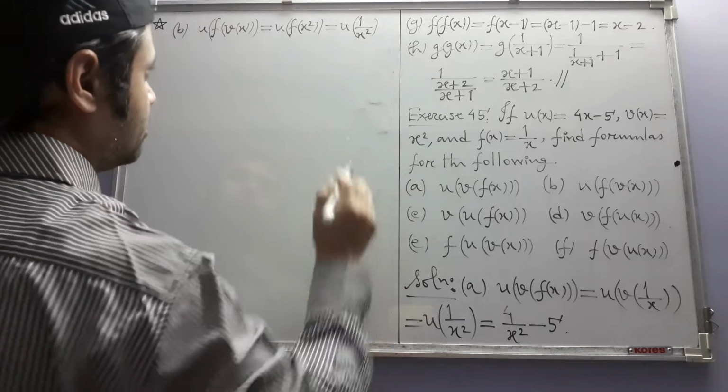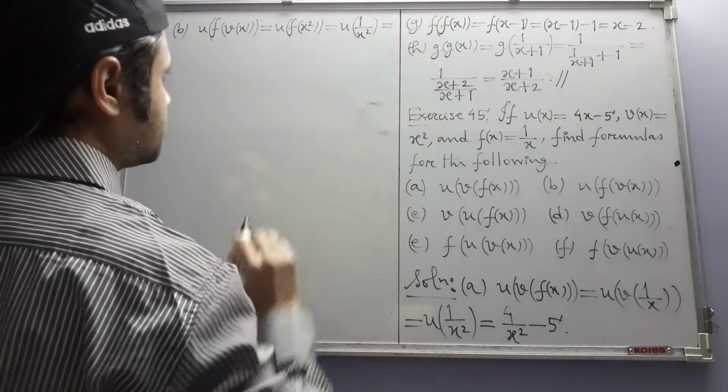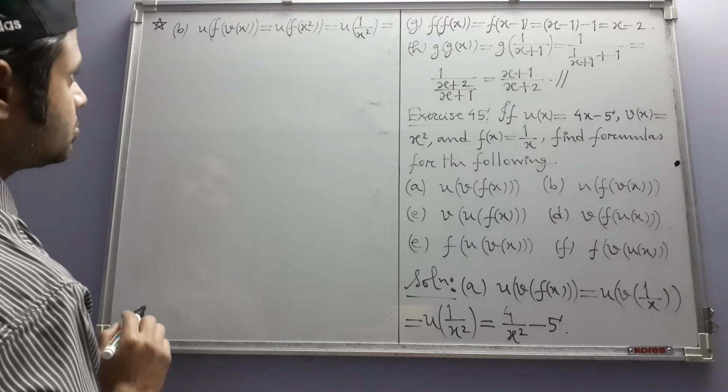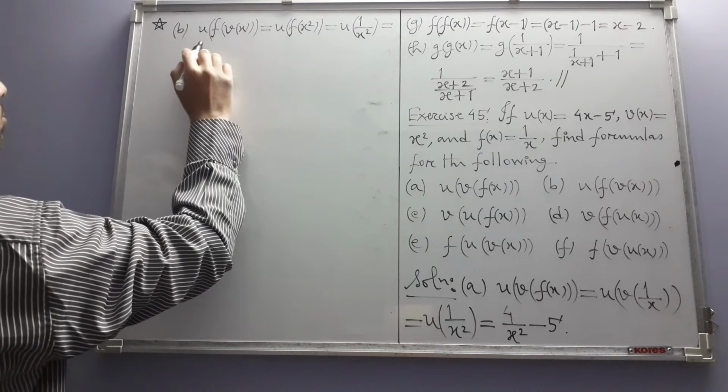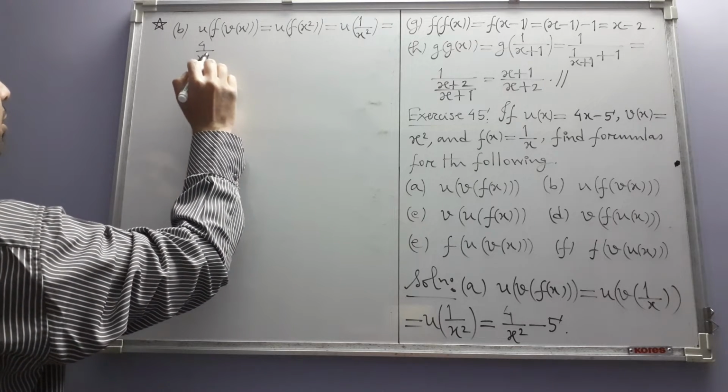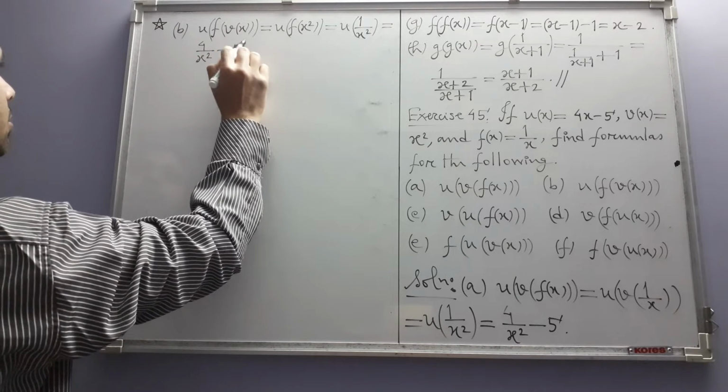Oh, so we are going to get the same thing, okay? That is 4 divided by x square minus 5.